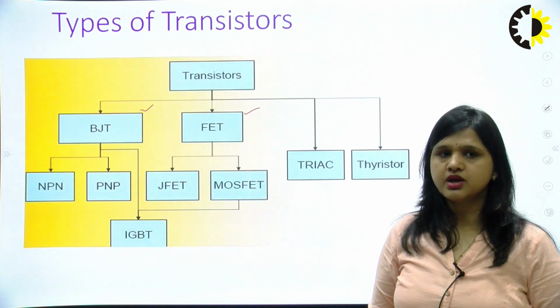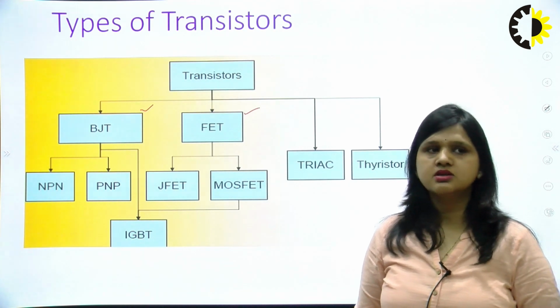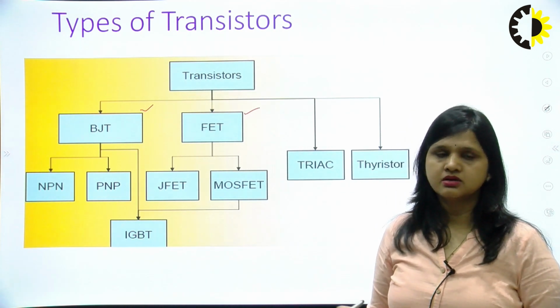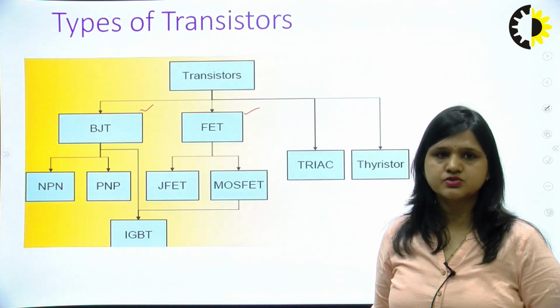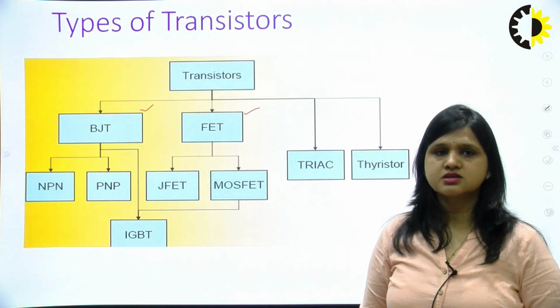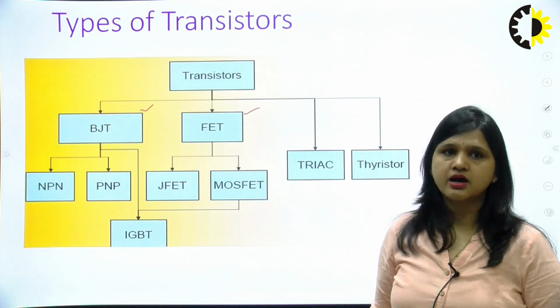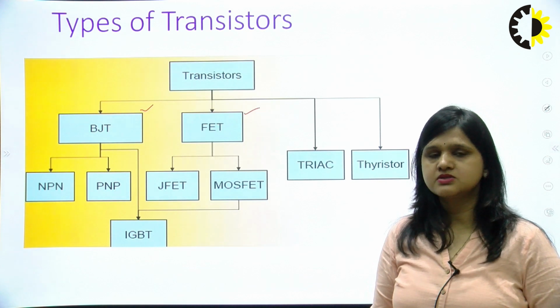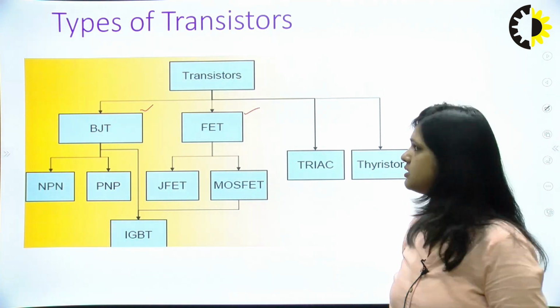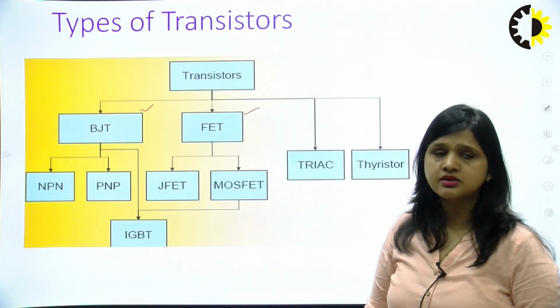If we talk about amplification, the base emitter junction is in forward bias and the collector base junction is in reverse bias. So input side resistance is low, and the output side junction resistance is high. So there is a transfer of resistor from one end to another. This is actually the definition of transistor.